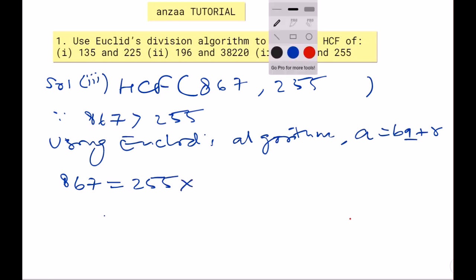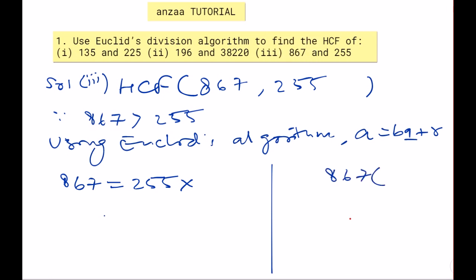We have to find out the same way. Okay guys, so here you have to divide 867 by 255. Okay guys, so here following the normal division method, we will have 255 3s are 765. The remainder will be 102.